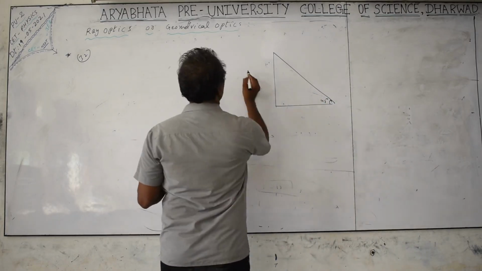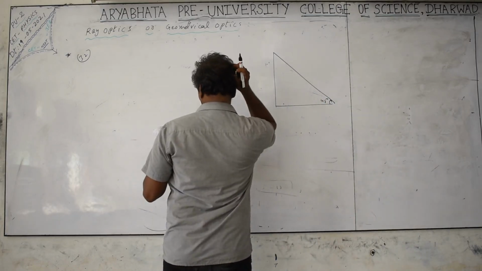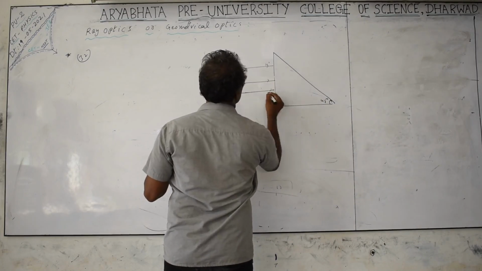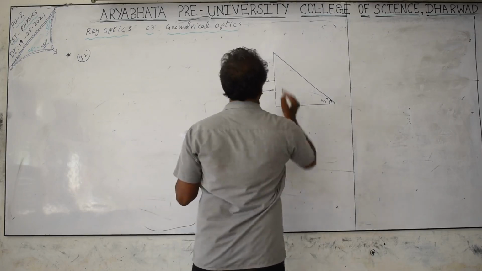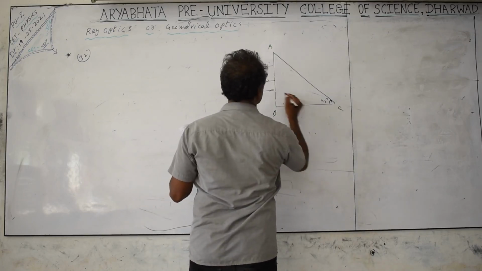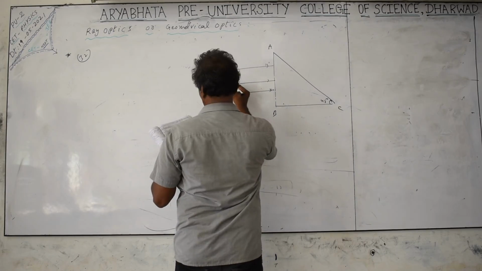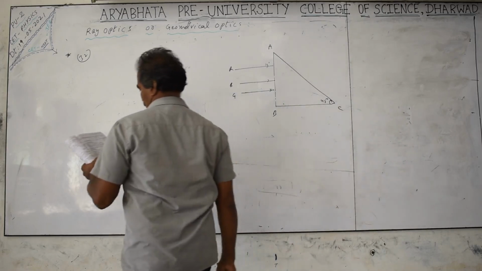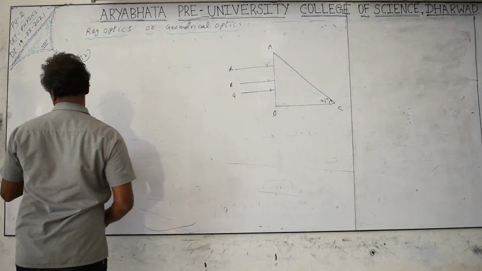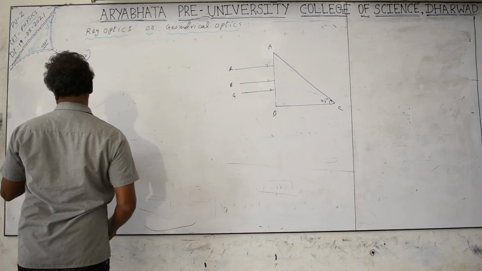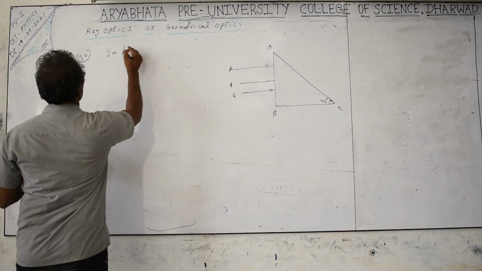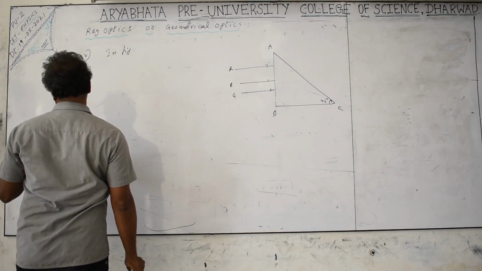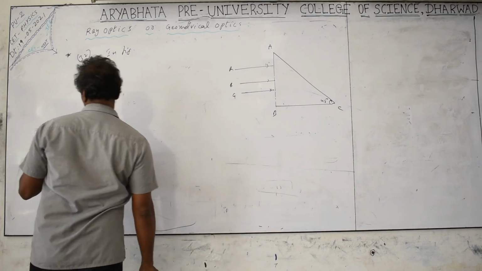And three light rays are falling on it: red, blue, green. Parallel beams of light rays separately fall on this prism normally on the surface. I will take these as A, B, C. This is the red light, blue and green. You are given in the figure the refractive index values for red, green and blue.